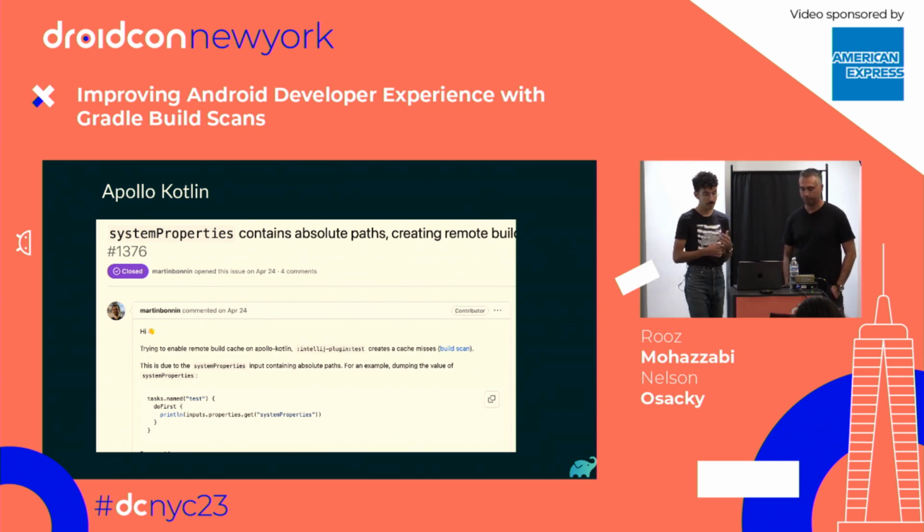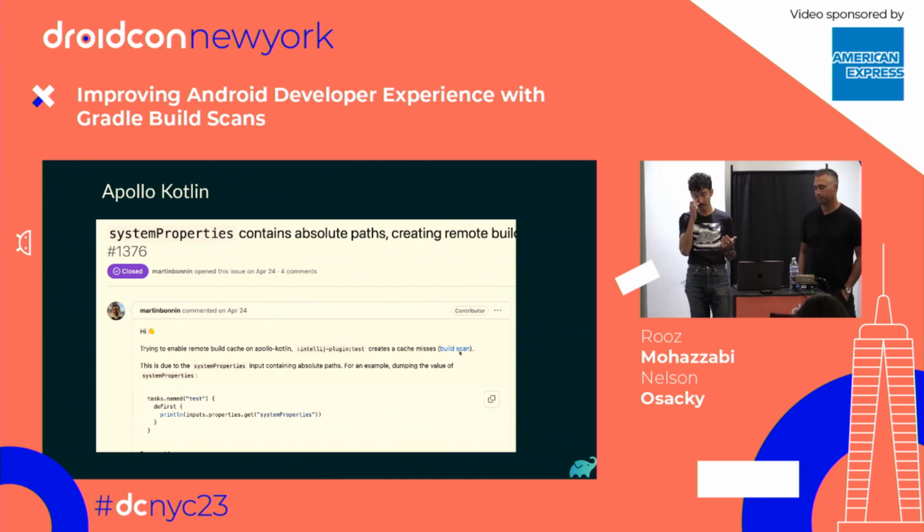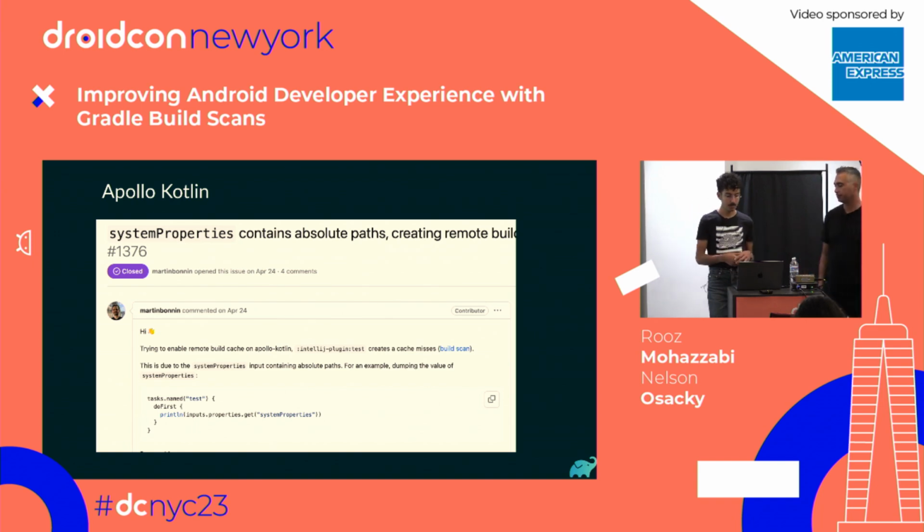We found an issue where there was a remote cache miss caused by a test input having absolute paths. He filed this bug on GitHub and added a build scan link. What's great is when you click that build scan link, anyone on GitHub can see that task, in this case the cache miss, and what the differences were for that task.